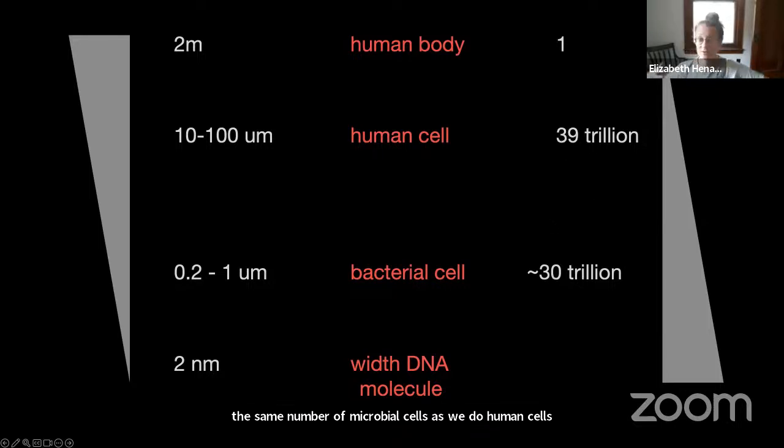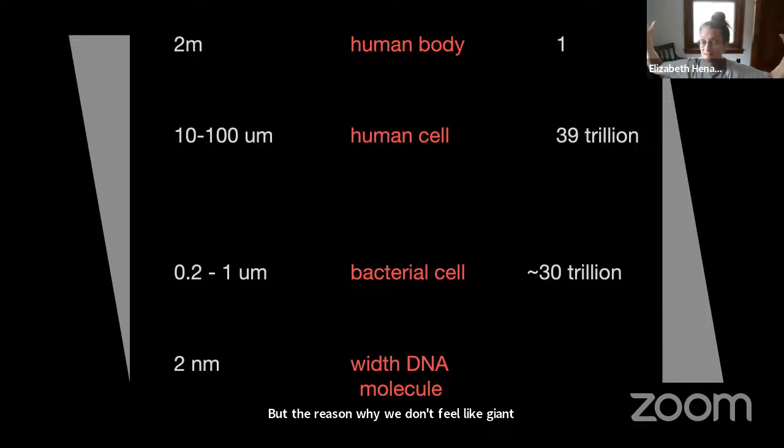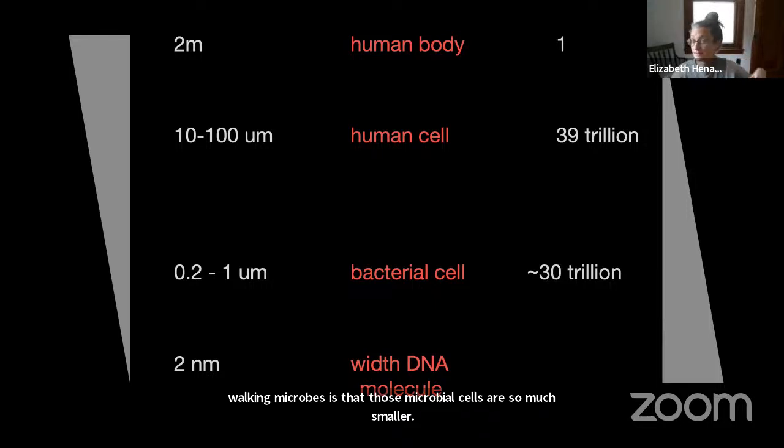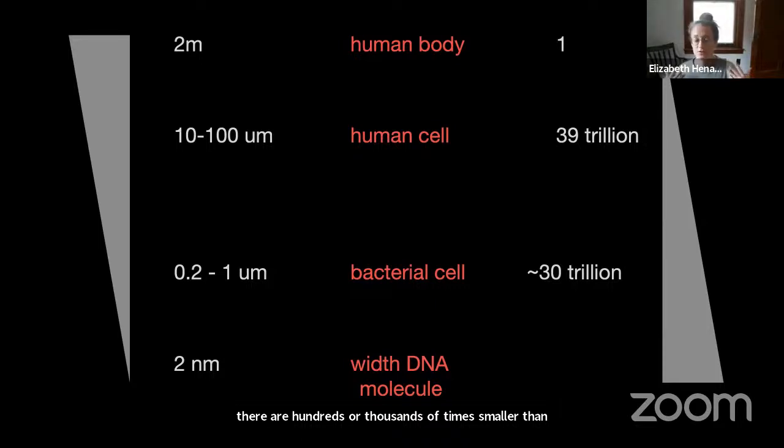But the reason why we don't feel like giant bags of walking microbes is that those microbial cells are so much smaller. They're hundreds or thousands of times smaller. But say if the cells in your body were to vote about something, your microbial vote would weigh almost just as much as your human cell vote.